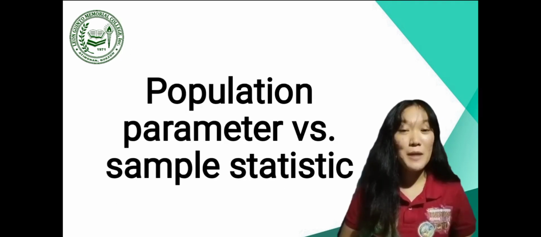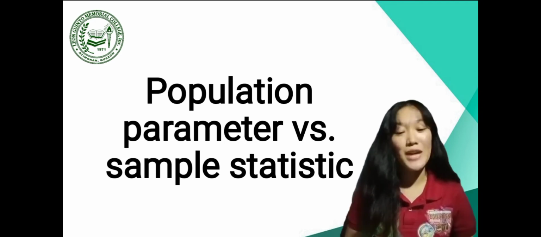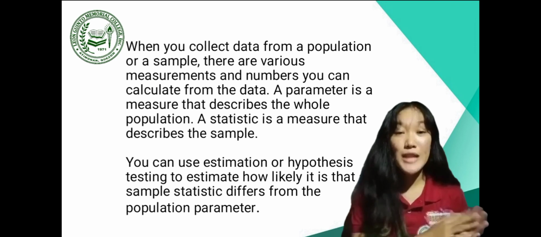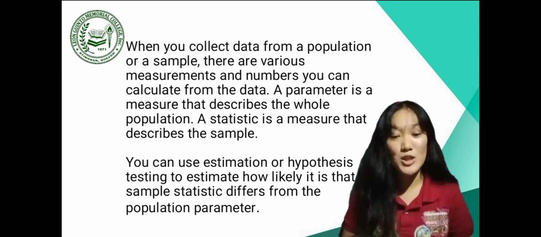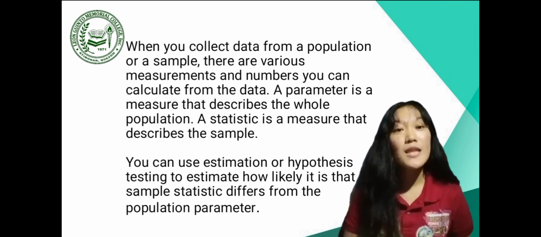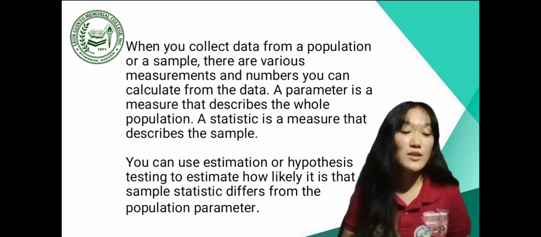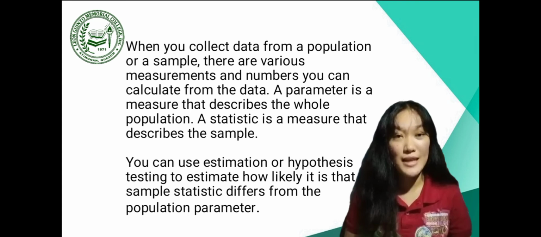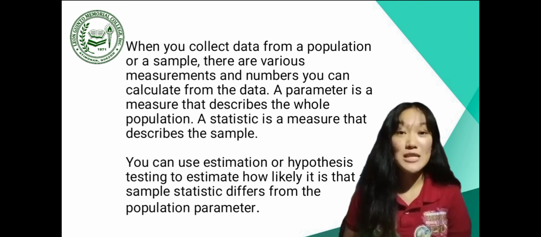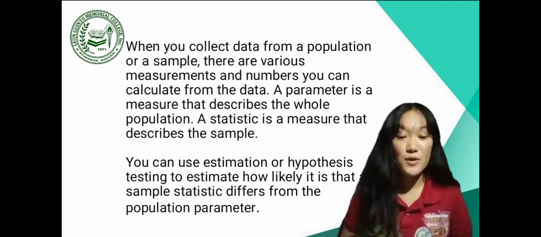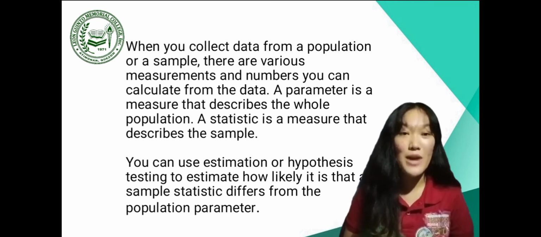Let's talk about population parameter and sample statistic this time. When you collect data from a population or sample, there are various measurements and numbers you can calculate from the data. A parameter is a measure that describes the whole population. A statistic differs from a population parameter.